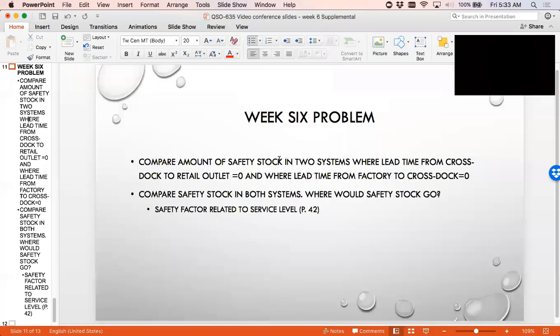So in the first example, basically total lead time is L1 plus L2. If it takes us 3 weeks to go from manufacturing facility to cross dock, and 3 weeks to go from cross dock to the retail outlet, then it's a total of 6. So they're saying, think about if the time to go from the cross dock to the retail outlet is 0.